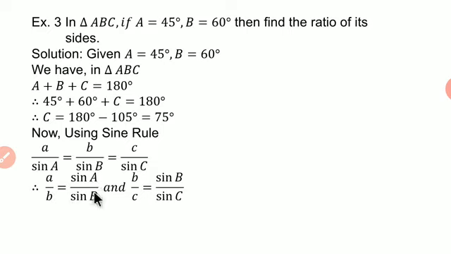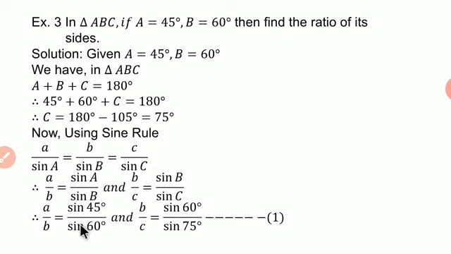Now substituting here the values of angles A, B and C, we get a upon b is equal to sin 45 degree upon sin 60 degree, and b upon c is equal to sin 60 degree upon sin 75 degree. Now here we know sin 45 degree and sin 60 degree, but we can't directly write the value of sin 75 degree. So first we find the value of sin 75 degree here.